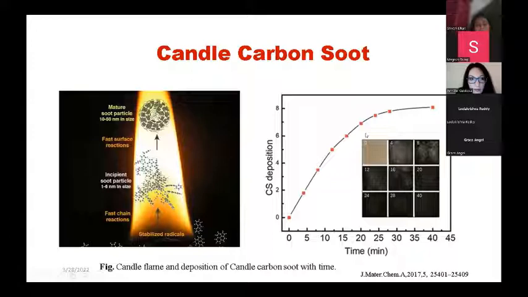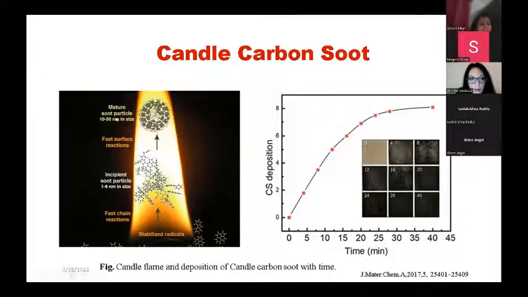That is the main purpose of these flame zones: when we place any substrate in this area, at 1 to 6 centimeters in size, we get particles on the plate.